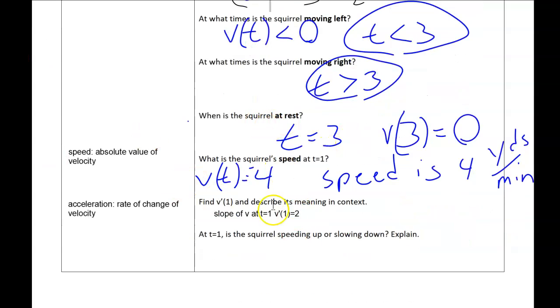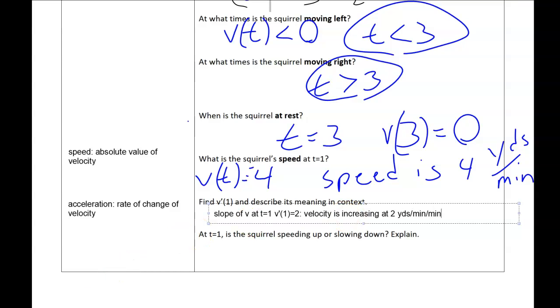So it's how velocity is changing. So what this means is my acceleration is 2, or velocity is increasing at 2 yards per minute, right?